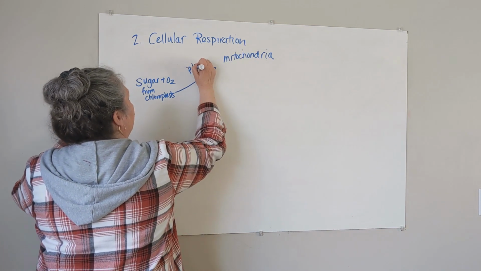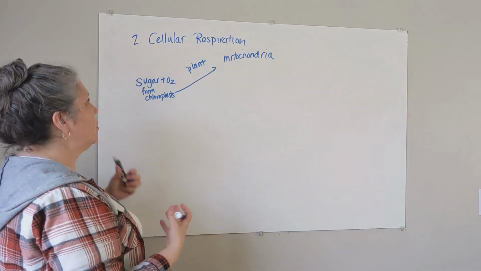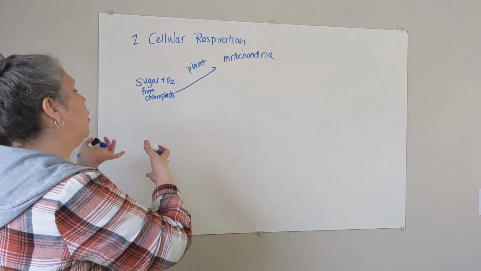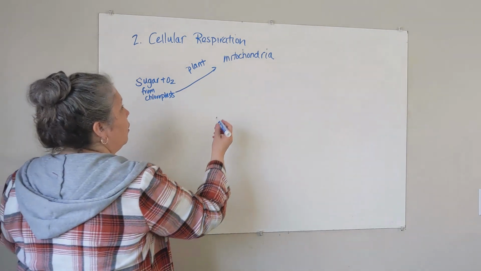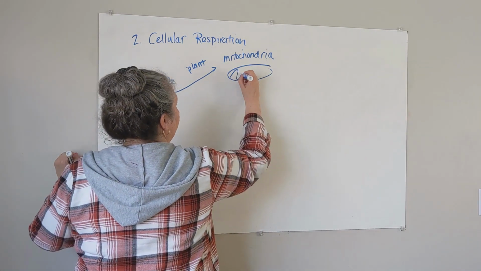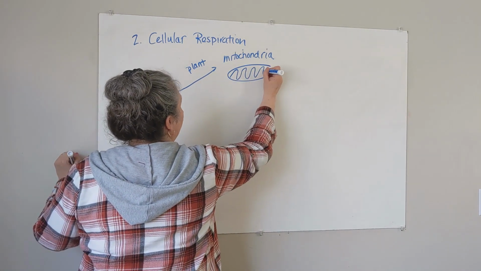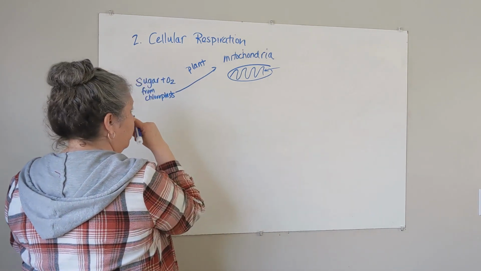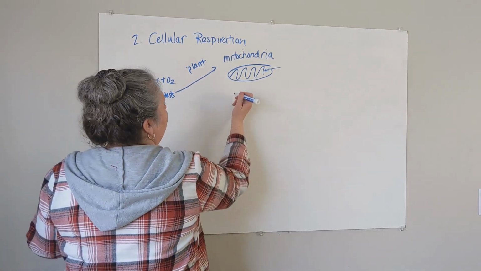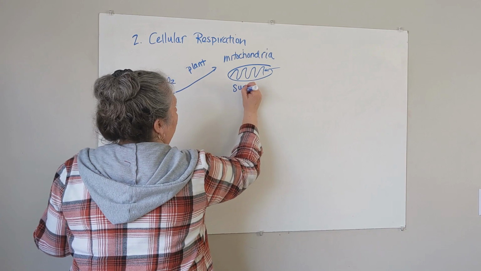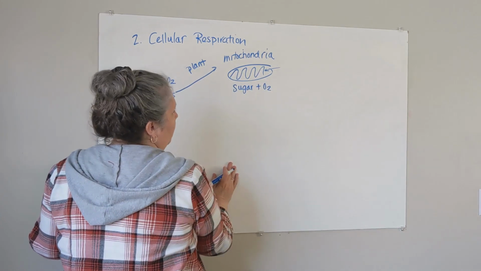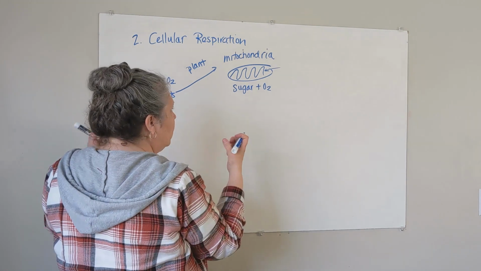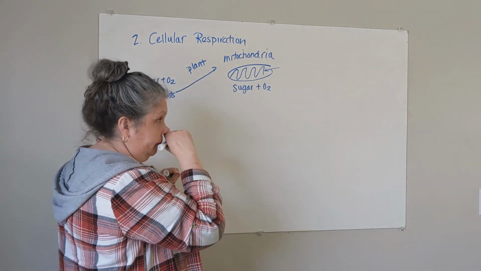In a plant, it doesn't ever have to leave the cell, it just goes straight from the chloroplast to the mitochondria. And there, the mitochondria, which looks like this, it's inside of those little tissue folds where cellular respiration occurs. It takes sugar and oxygen, and it starts pulling that huge molecule apart.